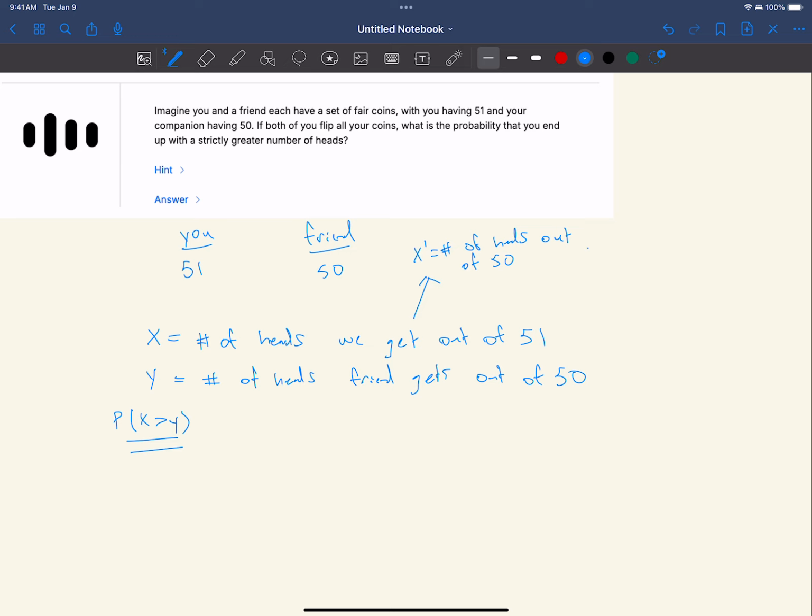And so we can just write x as the sum of x prime plus c, where we define c as the final coin flip.